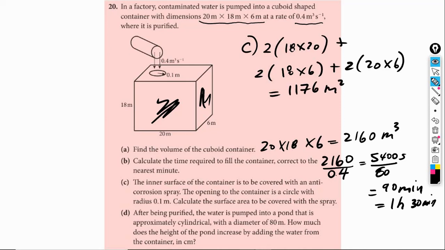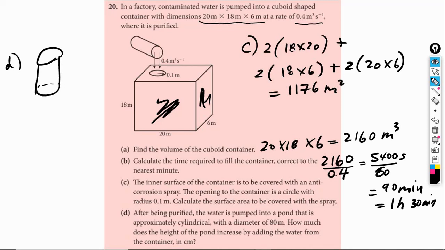Okay, so now we're left with D. So we're going to do D over here to the left. And it says, after being purified, the water is pumped into a pond that is approximately cylindrical with a diameter of 80 meters. Okay, so if we have a cylinder, sorry for the drawing, but you get the idea.